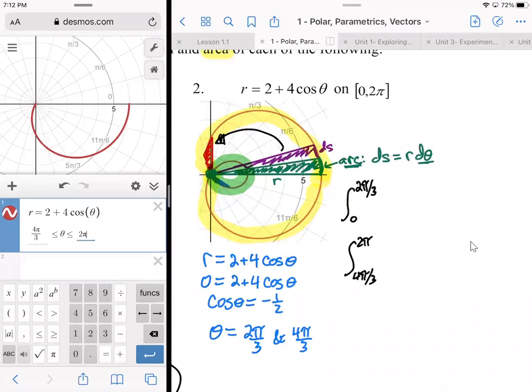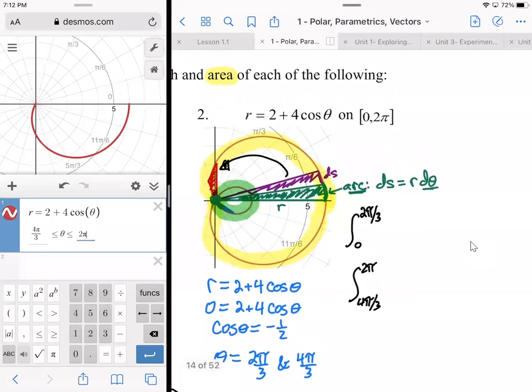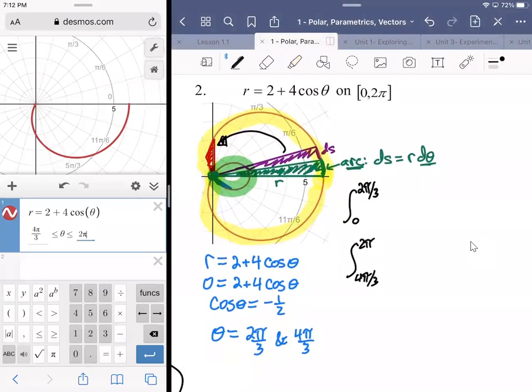All right. So what I'm going to do is integrate the 2 plus 4 cosine theta as my r value. But remember, the area model is 1/2 r squared d theta on the interval of alpha to beta, so we've got a little bit more than just chucking it in. That's our rule. I'm going to use 2 plus 4 cosine theta in place of the r, going from 0 to 2 pi over 3, and then 4 pi over 3 to 2 pi.